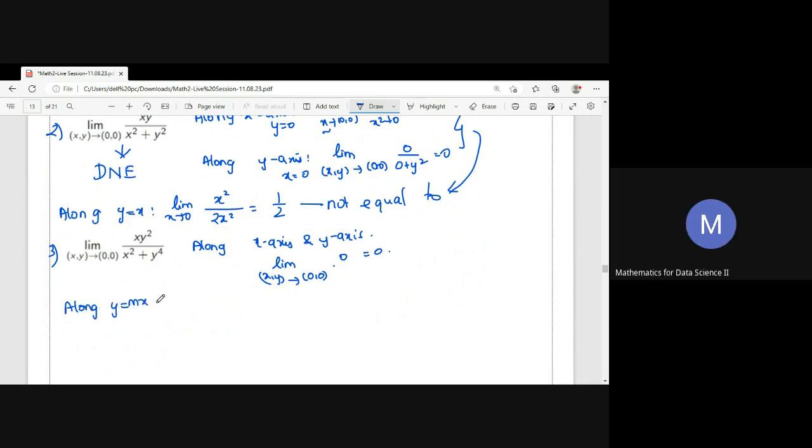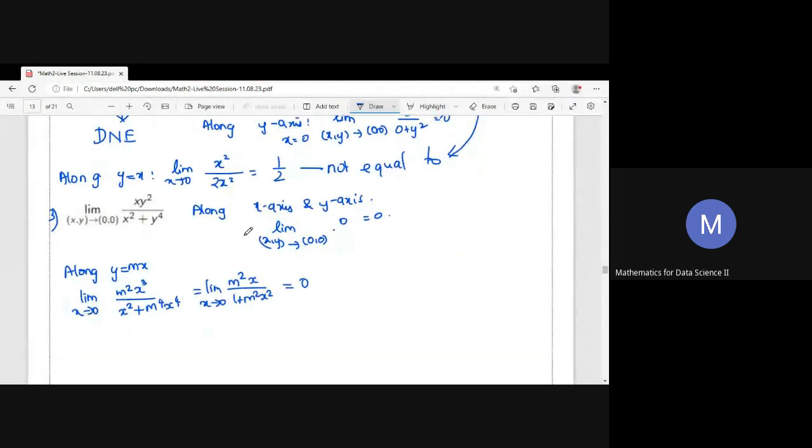Along y is equal to mx, now what happens? x times m squared x squared, divided by x squared plus m to the power 4 x to the power 4. So this is m squared x by 1 plus m squared x squared, right? Limit x goes to 0, what is the limit again? 0, right? So now we are done with the usual things.